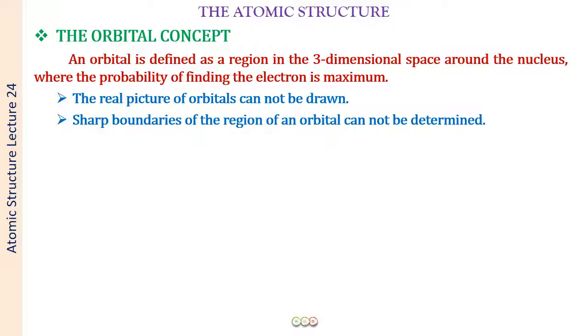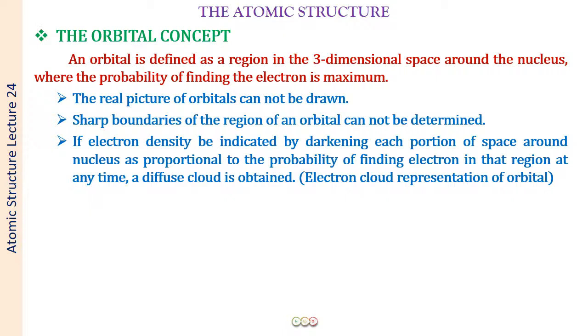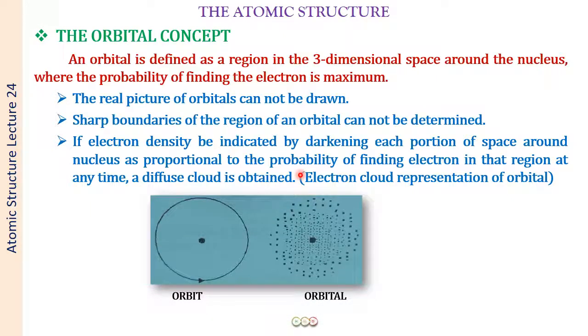But still, if we want to have an electron cloud representation of an electron, what do we do? Well, we will simply indicate the electron density in the space around the nucleus by dots. Right? So this is a diagram showing you the difference between an orbit and an orbital, which we've discussed in the previous lectures.